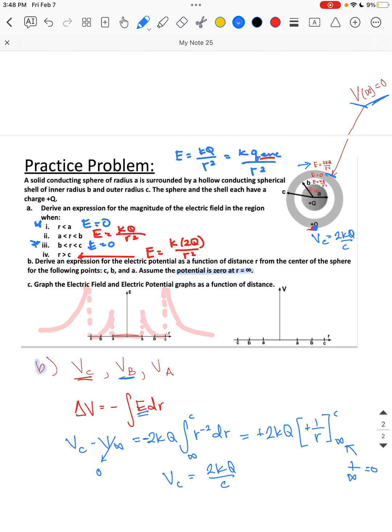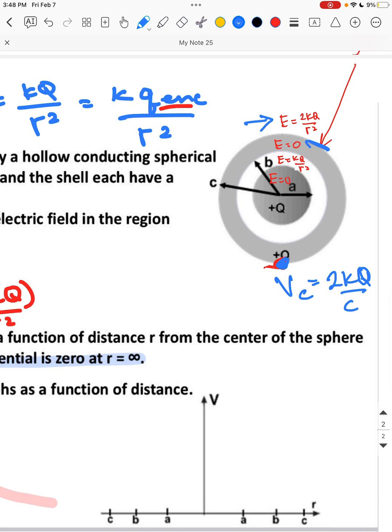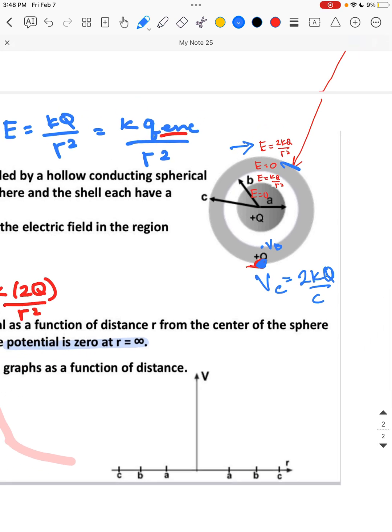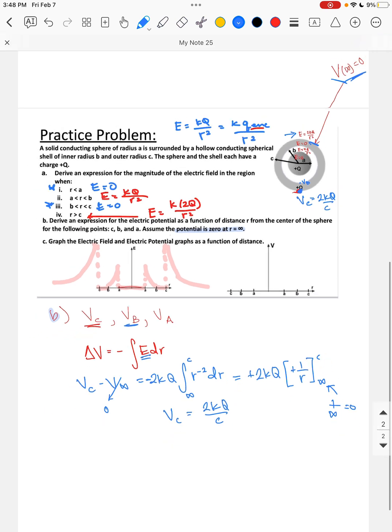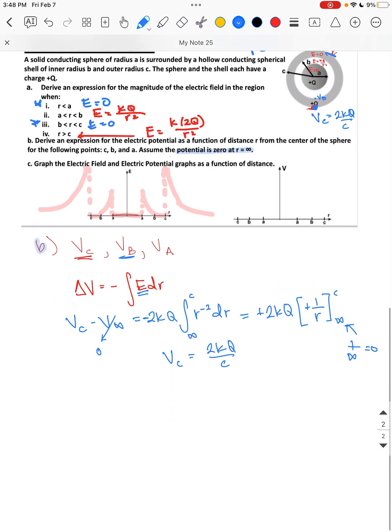And let me zoom in just so that you can see a little bit better. VB is right here. And we are going to solve for that next using the exact same process. So my change in potential this time is going to be final minus initial, which is VB minus VC.